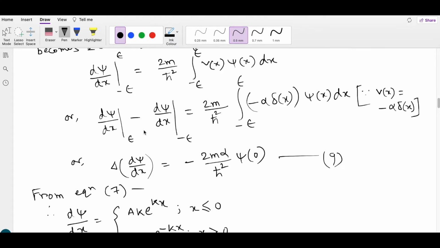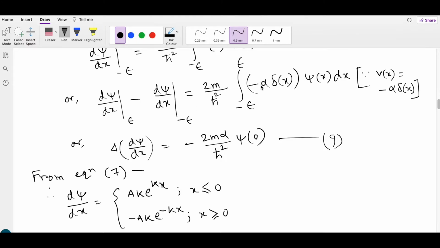So this is Δ(dψ/dx), the change in dψ/dx across the boundary, and -α comes out of the integration, so 2mα/ħ² with a minus sign, and we are left with ∫δ(x)ψ(x) dx.